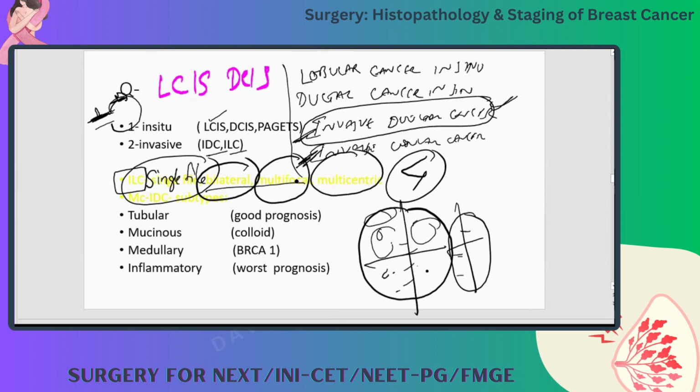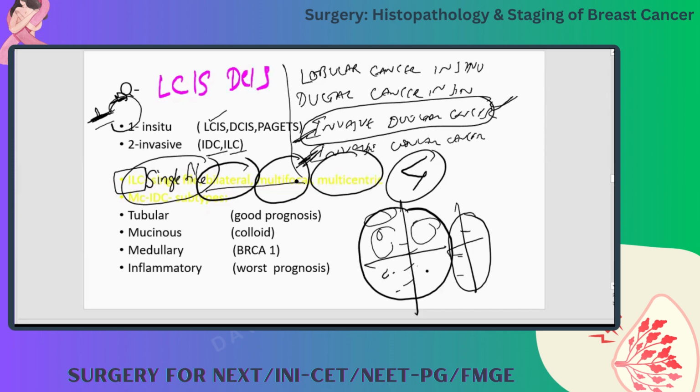Why this is important is they'll give a big question. A 45-year-old patient comes to you with a history of breast mass, and on examination there is a proven breast mass, BI-RADS score of 5. You did a biopsy. Biopsy is showing single file pattern. So what is the lesion? That will be the question.